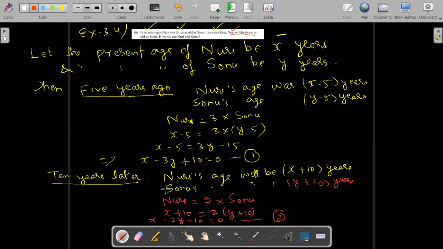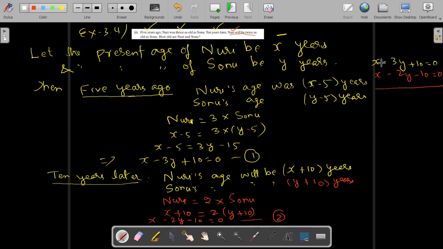Visible? Okay. So we have two equations now. You can check, both are 3 by 2, so they are solvable. Since there are the same coefficients of x in both equations, there is no need to multiply. You can directly subtract them. Equation number 1 is x minus 3y plus 10 is equal to 0, and equation number 2 is x minus 2y minus 10 is equal to 0.